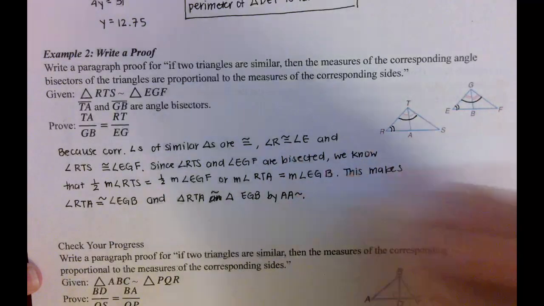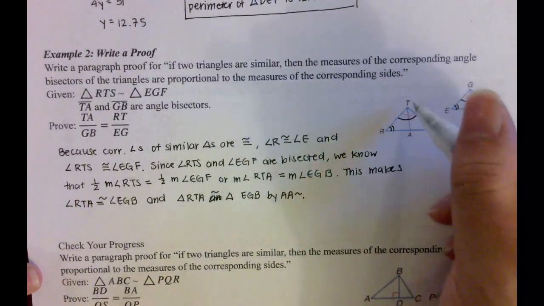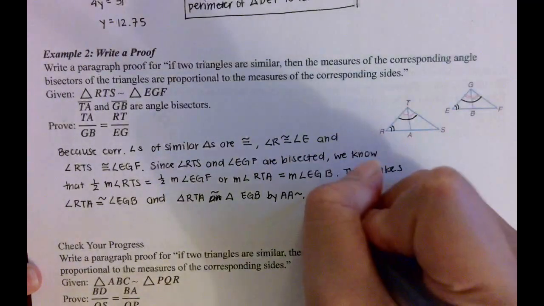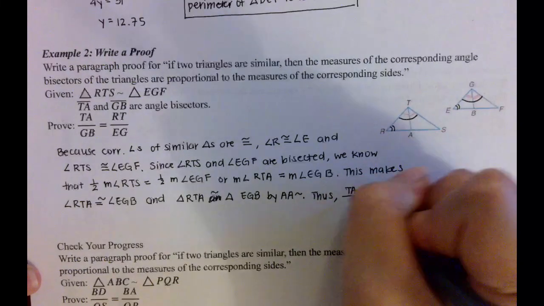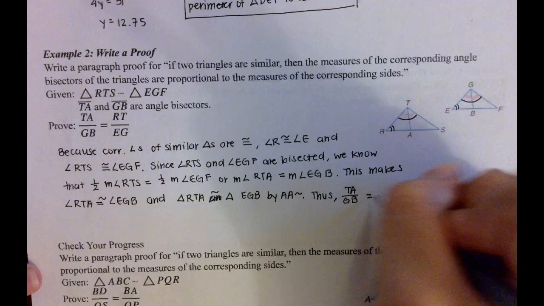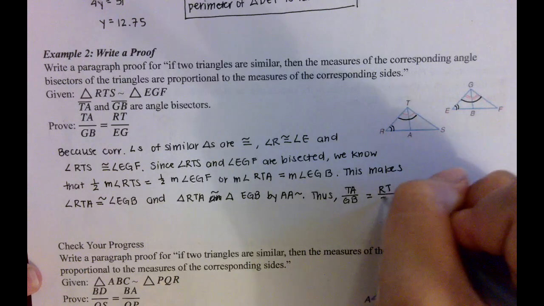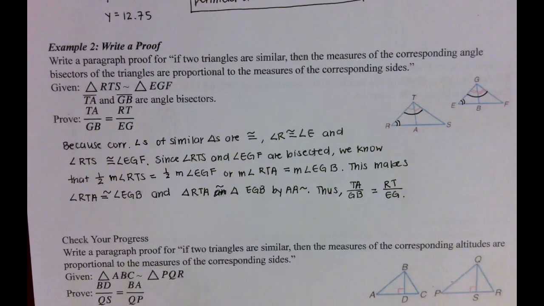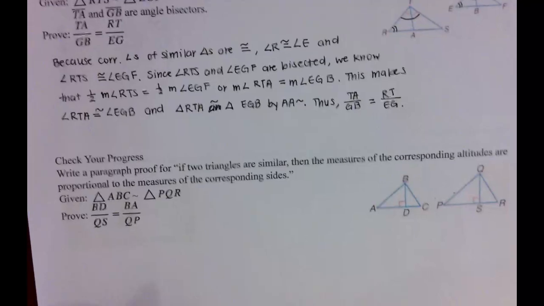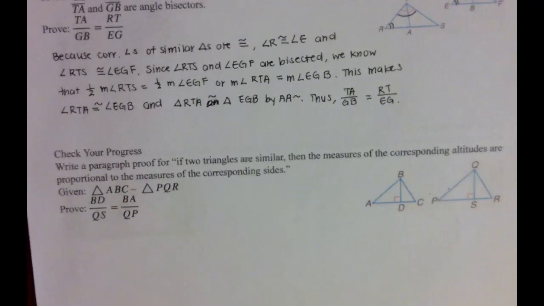And if they're similar, that means their sides are proportional. So thus, TA over GB equals RT over EG. And there you go. So why don't you try CYP 2 on your own, and then once you're done, come check your answer.